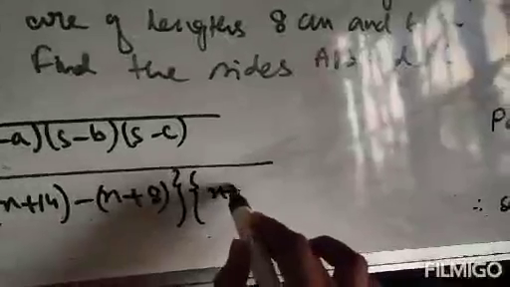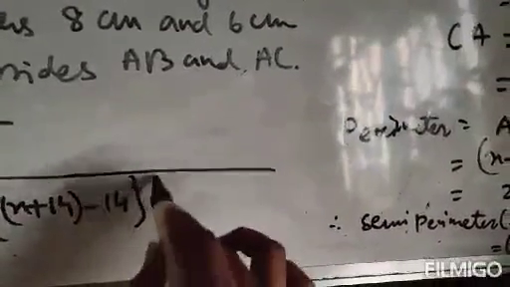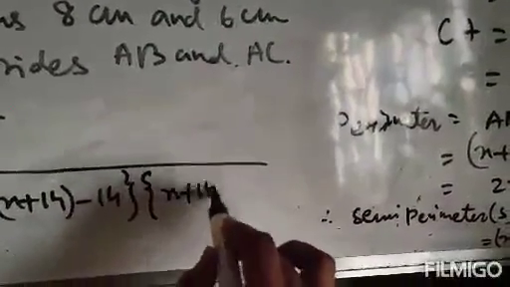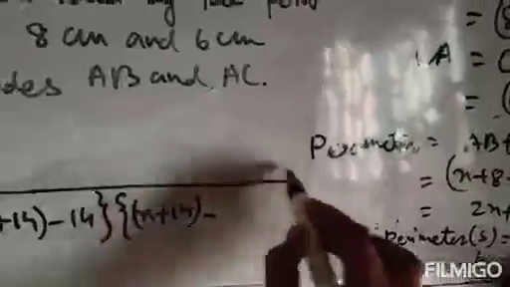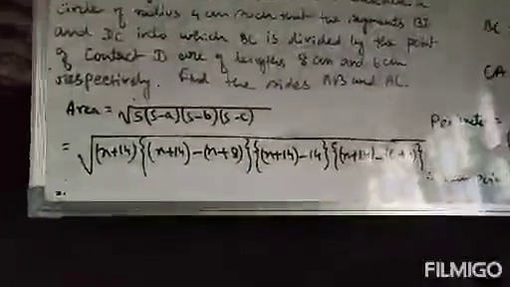S minus B. The semi perimeter is x plus 14, and B is one of the sides, BC, so 14. And for C, one of the sides is 6 plus x. That's the expression, where A, B, C are the three sides of the triangle.